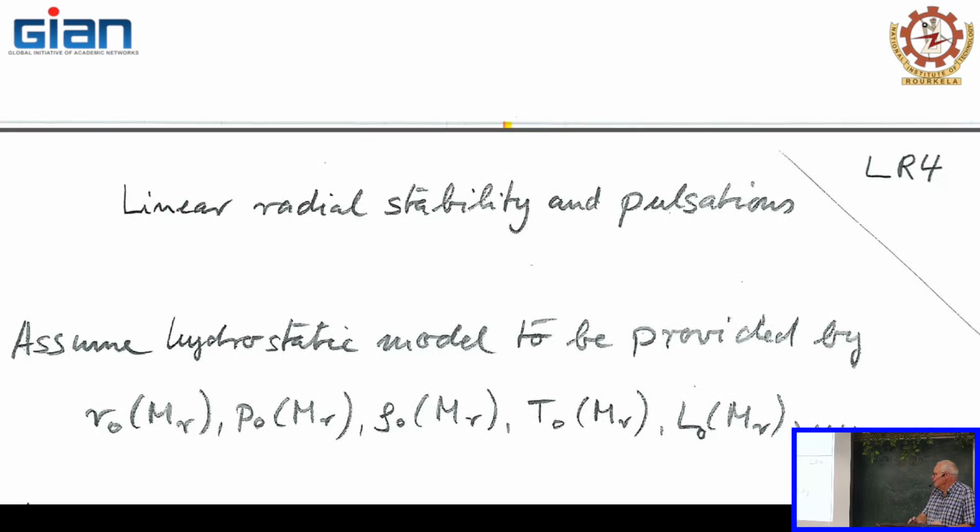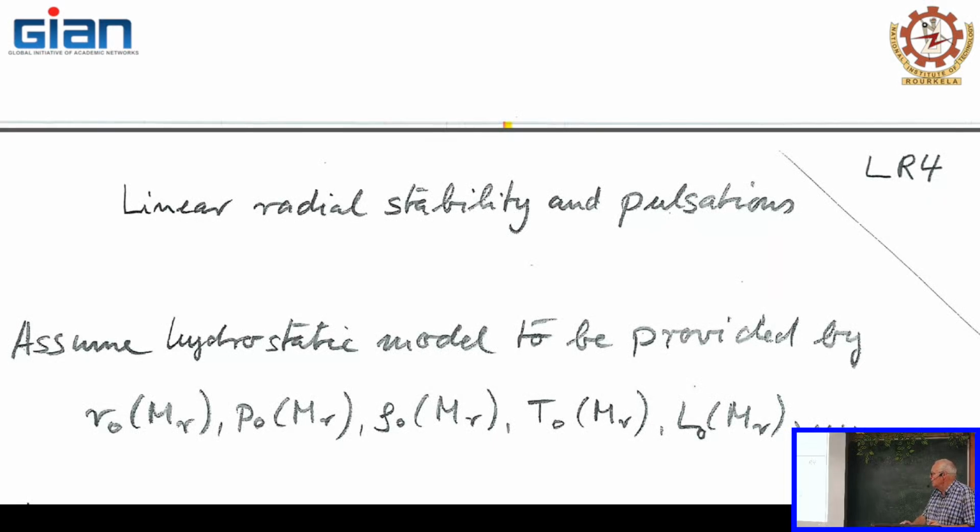Well, we assume, of course, as said before, a hydrostatic model to be provided by R0 as a function of m, P0 as a function of m, density, temperature, luminosity, and so on, as a function of the radial Lagrangian coordinate, being time-independent quantities.